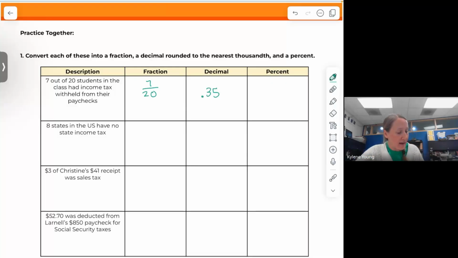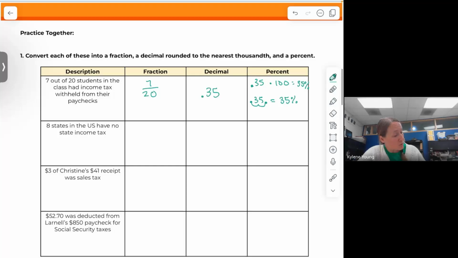Now to convert that into a percent, I can either do 0.35 times 100. That's going to give me 35%. Or I can take that decimal place, move it over twice. Again, 35%.